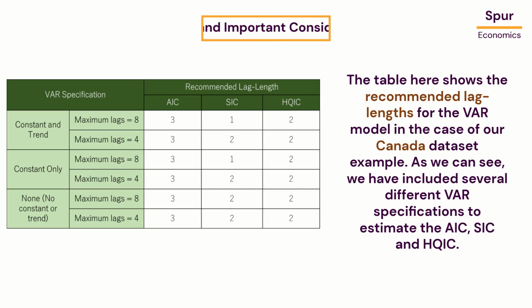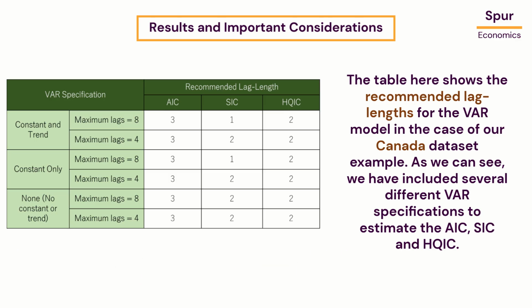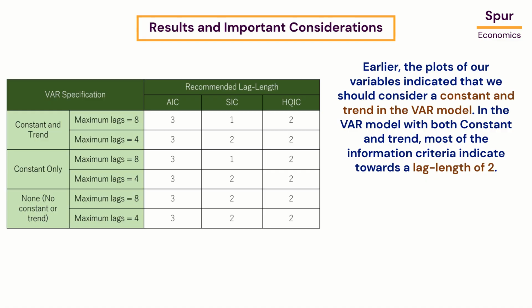The table here shows the recommended lag lengths for the VAR model in the case of our Canada dataset example. As we can see, we have included several different VAR specifications to estimate the AIC, SIC, and HQIC. Earlier, the plots of our variables indicated that we should consider a constant and trend in the VAR model. In the VAR model with both constant and trend, most of the information criteria indicate towards a lag length of 2.